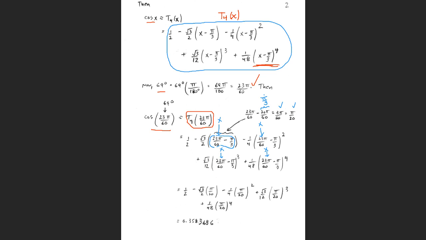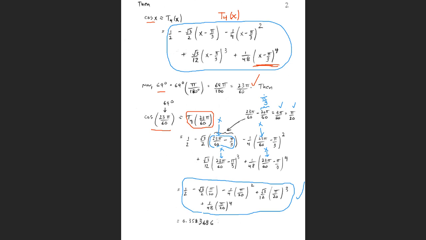Okay. So the polynomial, the number, I should say, because we're computing the polynomial when x is 23 pi over 60, we have to compute this number. And this is the kind of work I would want to see on the final exam.